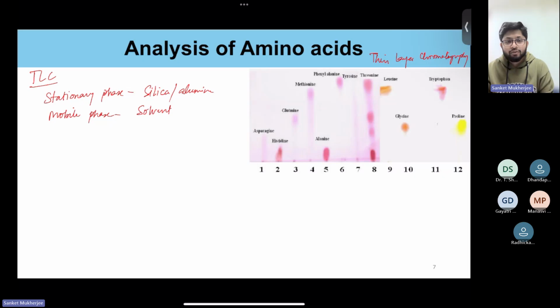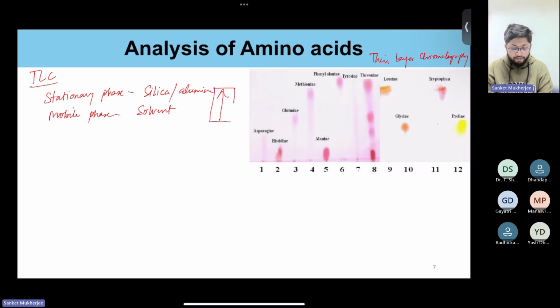This is one of the only chromatographic techniques where diffusion happens from bottom to top. If this is the paper in thin layer chromatography, the diffusion will happen from bottom to top. Usually in all other chromatographic techniques, gravity helps and we go from top to bottom, but here it is different. There is diffusion in this case.